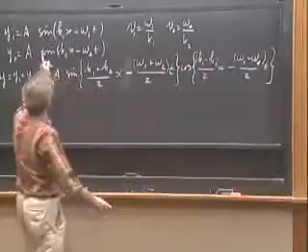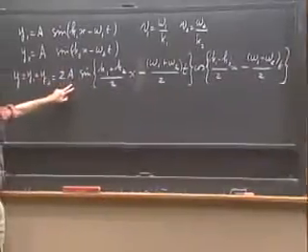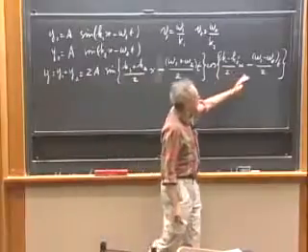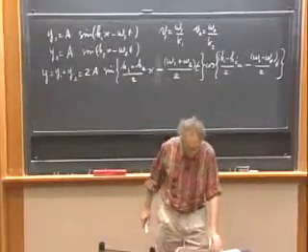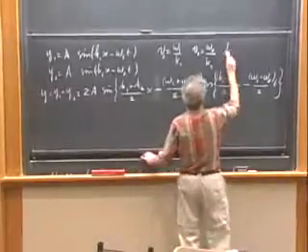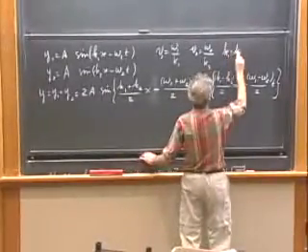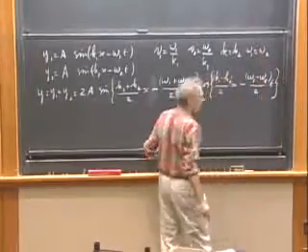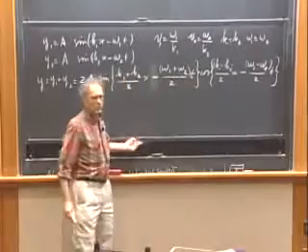I've added two sine curves. I get twice the amplitude, the sine of half the sum times the cosine of half the difference. Now let us take as an example whereby k1 is approximately k2 and omega 1 is approximately omega 2. So we take the frequencies close together.